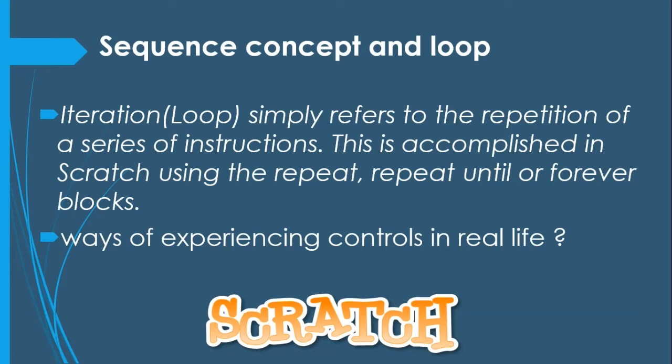So that step-by-step instruction of the blocks when you're coding is what we call a sequence, so that it makes sense to the user, so that the user is not lost or does not understand what your story is all about. So the sequence is very important when you're coding using the blocks in Scratch, so that your project at the end of the day makes sense to the listeners or the viewers or the people who are going to use it. It has to make sense to them.